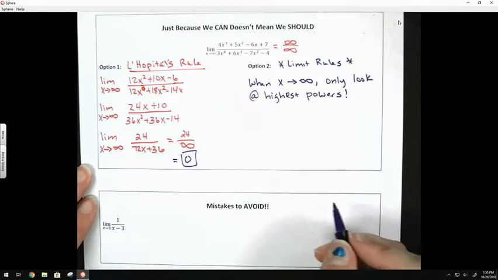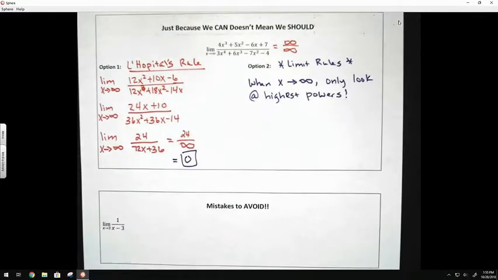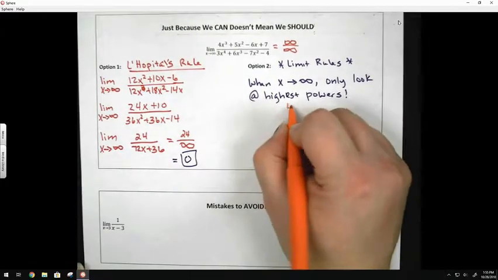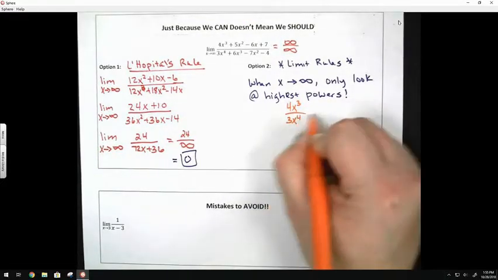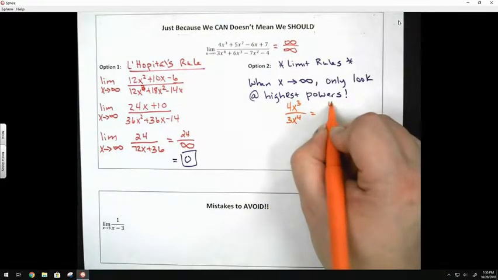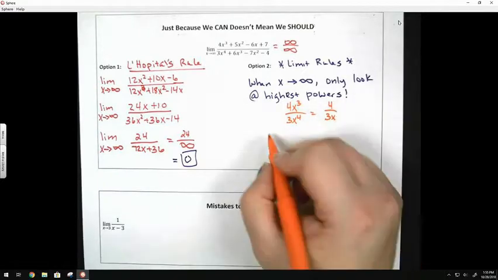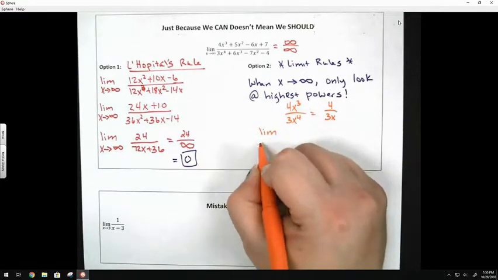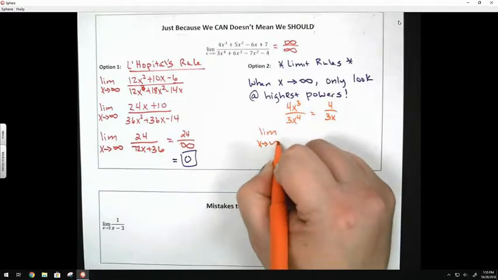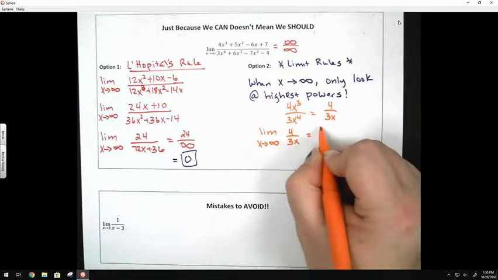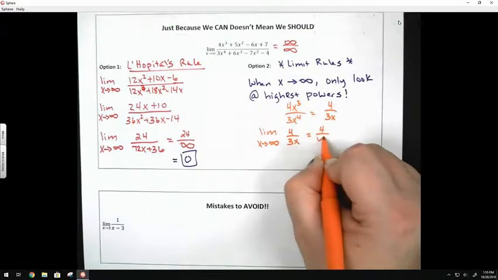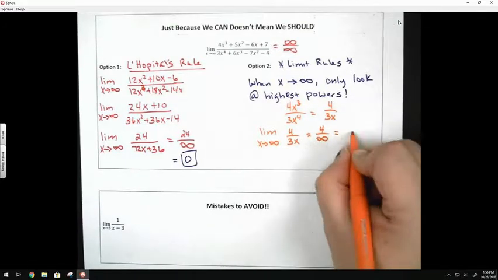So when we look at the highest powers, we would actually have 4x to the third over 3x to the fourth. So we would simplify that down to 4 over 3x, which means we'd be looking at the limit as x approaches infinity of 4 over 3x, which gives us 4 over infinity, which we know is 0.